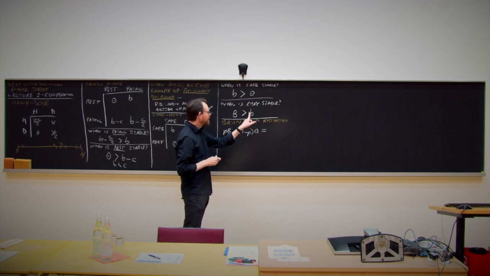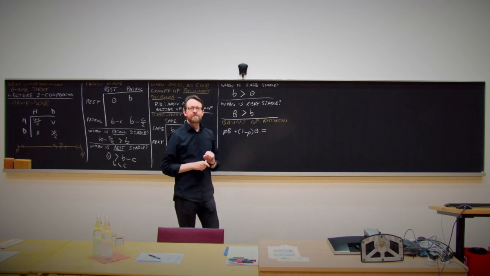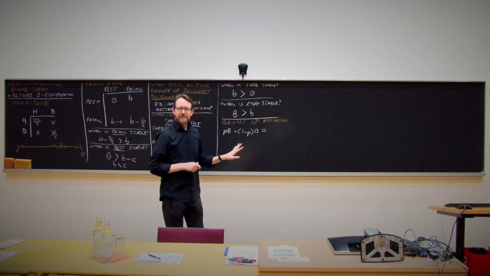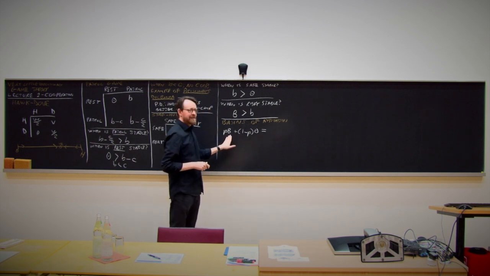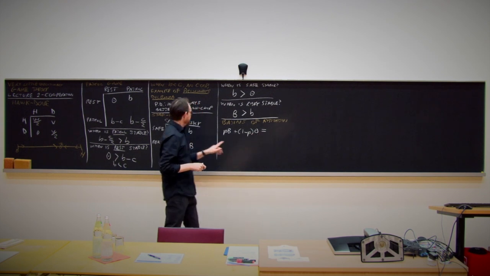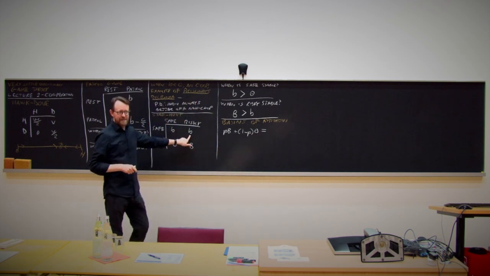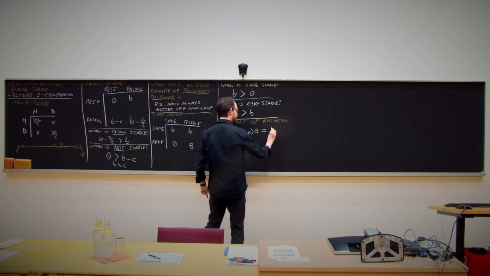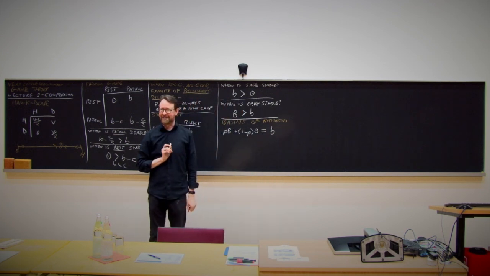And we're going to set this equal to the expression for safe. Now we could do the same thing. There would be two terms in it: P of the time they meet a risky, and 1 minus P of the time they meet a safe. But look, safe always gets little b, so there's no point in doing any math here. Let's just write little b down. You see why I can just jump to that?